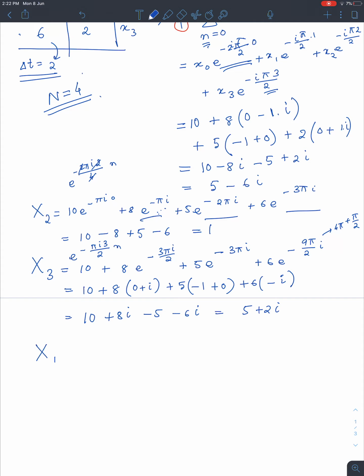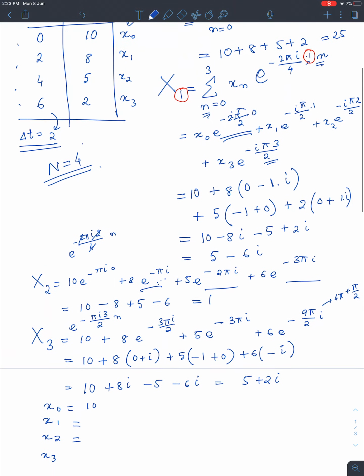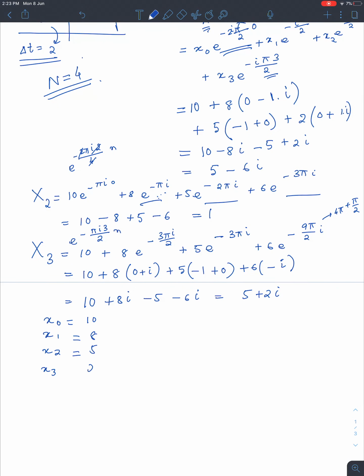So what did we have before and what do we have now? We had x0, x1, x2 and x3. x0 was 10, 8, 5, 2. And now we have the Fourier transform values, capital X0, X1, X2 and X3.